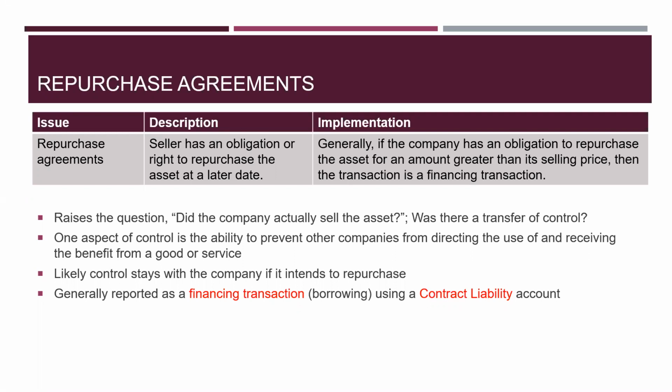So in accounting terms, we view this as a financing transaction or a borrowing transaction, which also uses a contract liability account. Now, this is a very specific agreement. We use that at our work, but it's not very common. Repurchase agreements are not very common out in the industry.